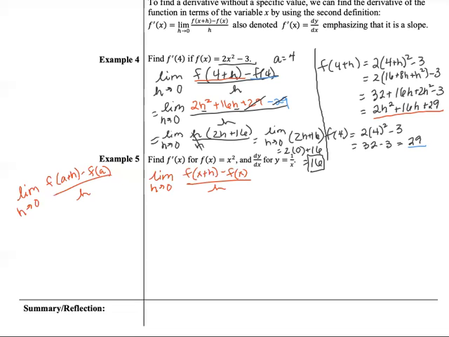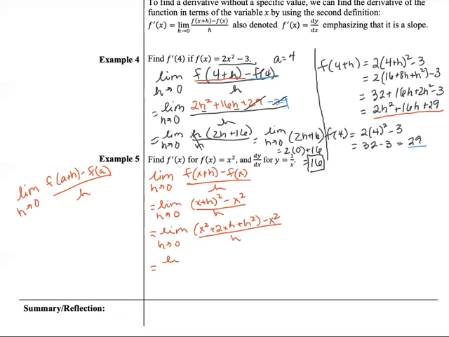What is f of x plus h? Substituting x plus h in for x, we get x plus h squared minus x squared divided by h. Don't forget to FOIL. The limit as h approaches 0 of x squared plus 2xh plus h squared minus x squared all over h.